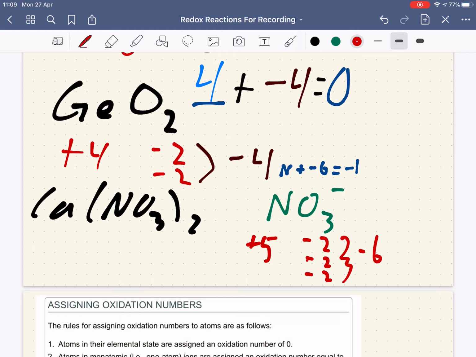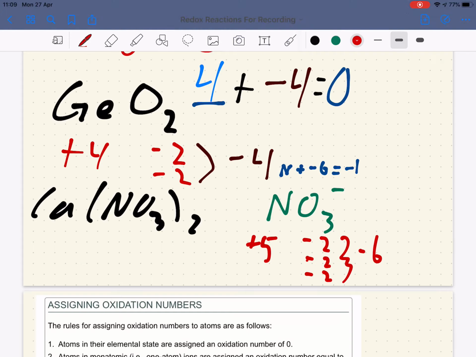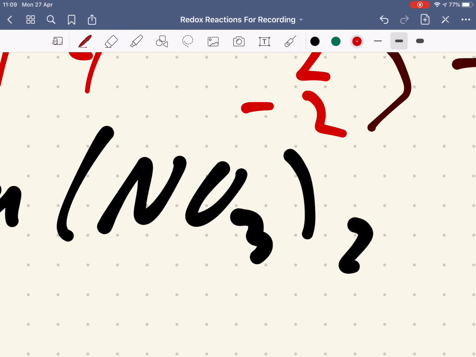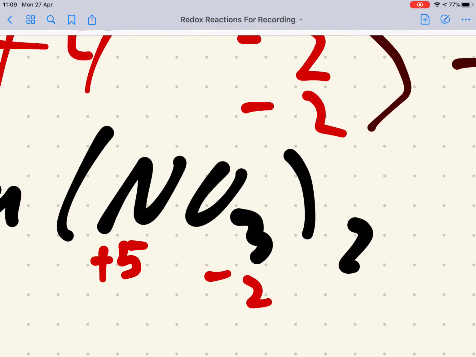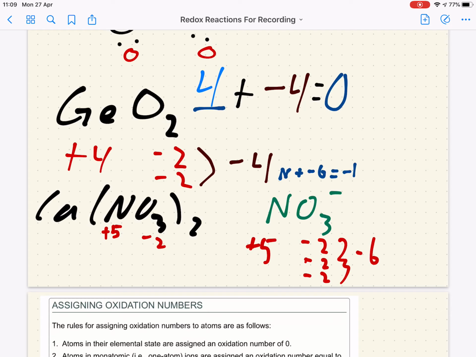So now we know what it is for nitrogen, and we know what it is for oxygen. Let's zoom in here, and we'll assign these to the correct place. This is going to be +5, that's going to be -2. Okay? So we've got to figure out what the calcium is. Well, we're going to use rule 4 again, where the charge of the species is the total of all the oxidation numbers.